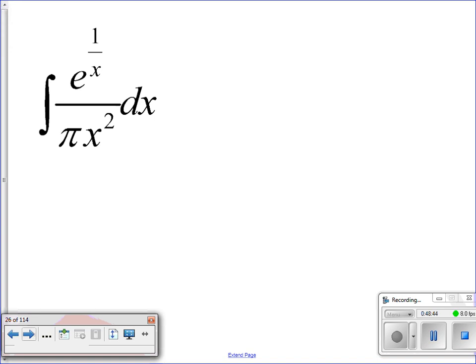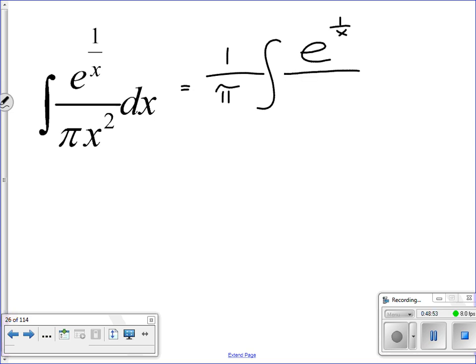I'm going to pull that 1 over pi out front, pull out that constant multiplier. So we have e to the 1 over x over x squared. So we'd like this to be an e to the u du. Because it's a 1 over x for the u, that's the other one, it might help you to write it as a product.